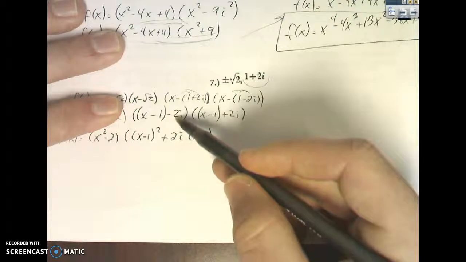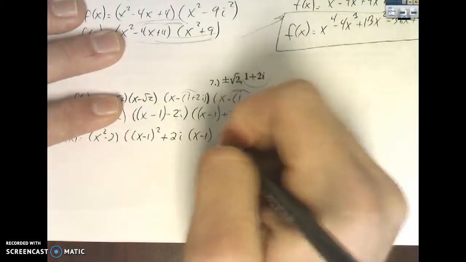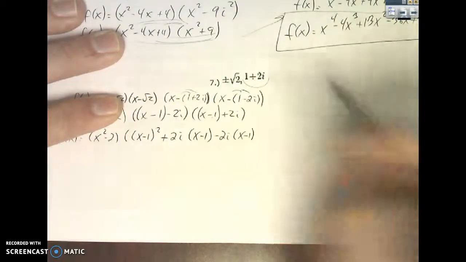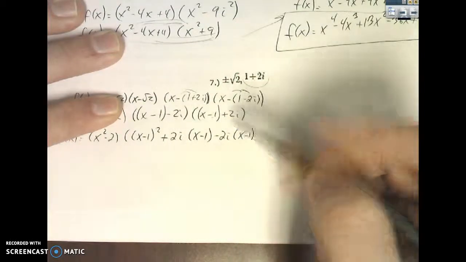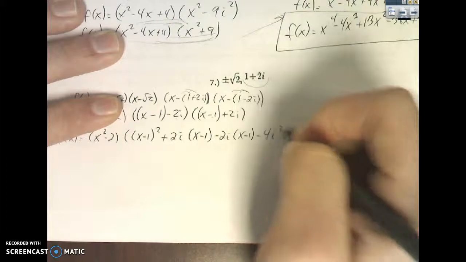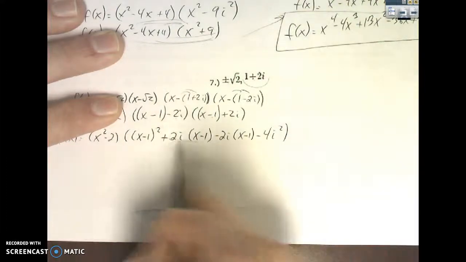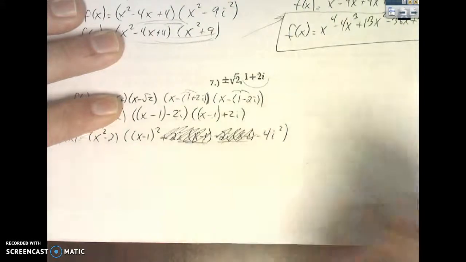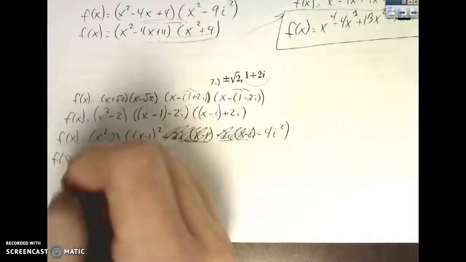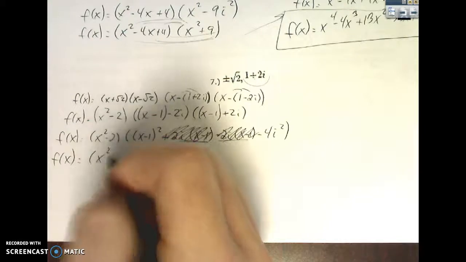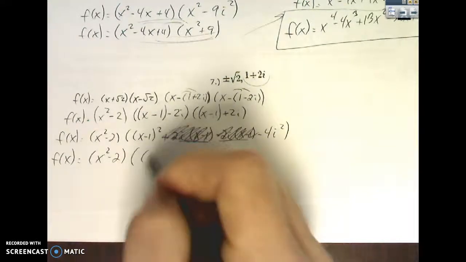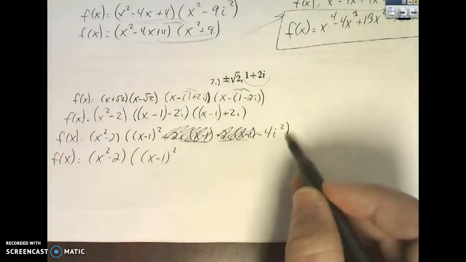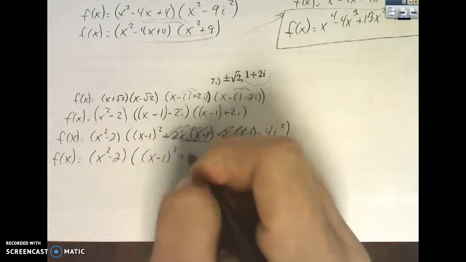And the inside, negative 2i times x minus 1 is minus 2i times x minus 1. And finally, negative 2i times positive 2i is minus 4i squared. Look what happens in the middle. These cancel out. Okay? So I'm left with x squared minus 2, x minus 1 squared, minus 4i squared becomes plus 4.